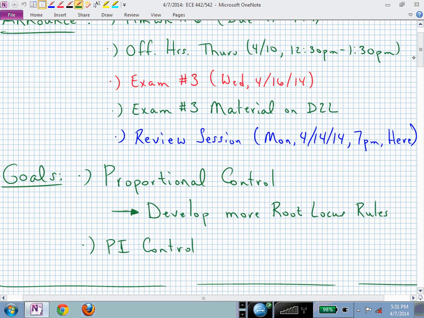What I want to do today is develop more root locus rules, basically in the process of talking about proportional control. Seeing how we can select K or how we might get information about how to adjust that gain value to provide us with useful design information.